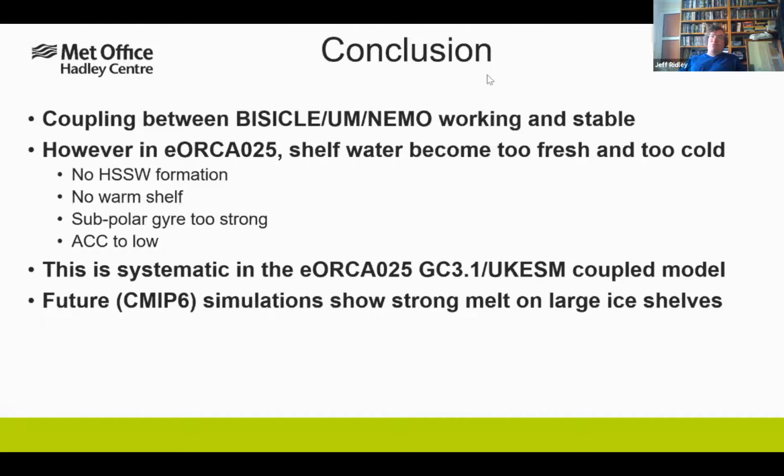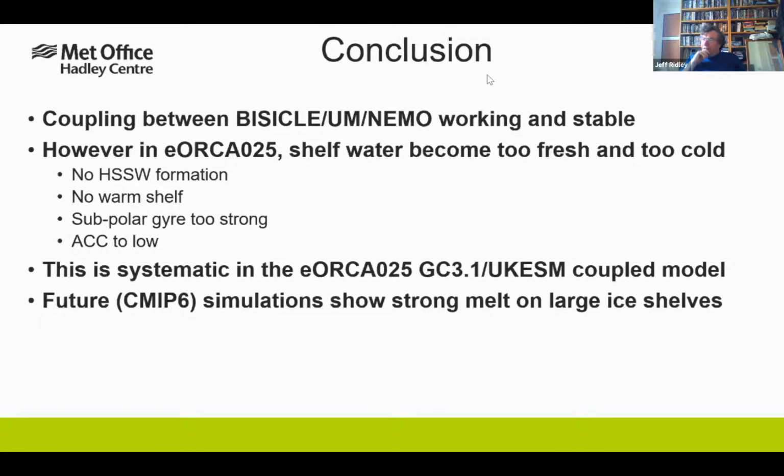This model would be ideal for its resolution to represent the smaller ice shelves, but the Southern Ocean just isn't good enough for it to do it. It has a warm bias, which is about +4 degrees in the circumpolar current. And this is symptomatic. Even the UKESM has a slight 1 degree warm bias in the circumpolar current.